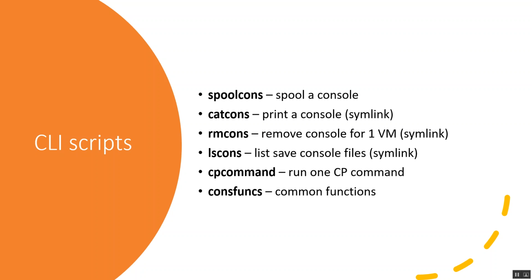What are the command line interface scripts? Again, spoolcons is the heavy lifter, but also catcons for printing a single console, rmcons, and lscons, where lscons lists all the saved files, and catcons prints a single console. There's also a CP command script to run one CP command, and common functions.